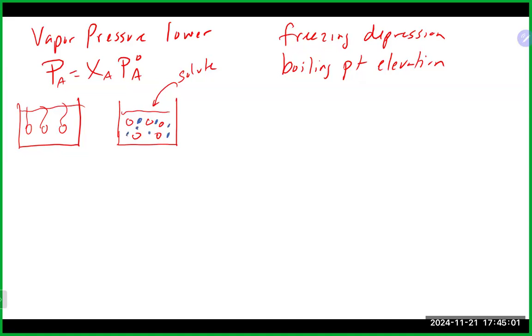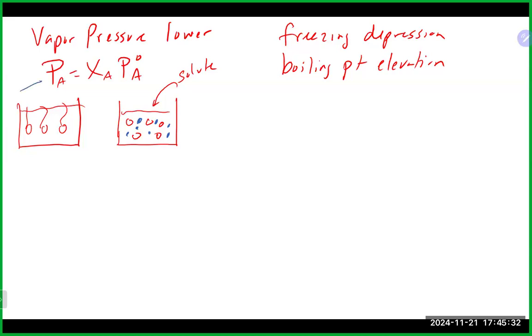And the presence of these solute molecules in the solution disrupts the natural process of things like it boiling at its boiling point, it coming together to freeze at its normal freezing point. It affects things like the vapor pressure because, again, there's a lot more stuff in the way. It's going to allow perhaps fewer molecules escaping the liquid and making less vapor over the liquid, and we get vapor pressure lowering.